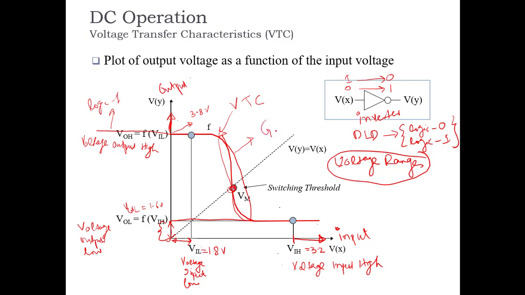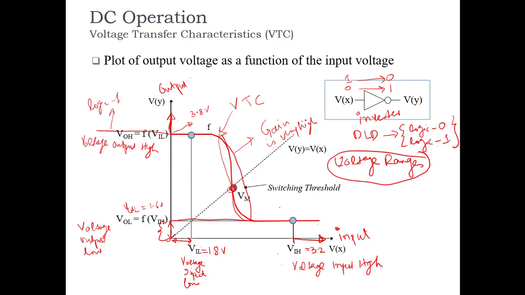Here the gain is very high. Basically this is a transistor, and the transistor is an analog quantity, it's not digital. But if you use it in the regions VIL, VIH, VOL, VOH in a certain manner, in the cutoff and saturation regions, you are using it as a switch.